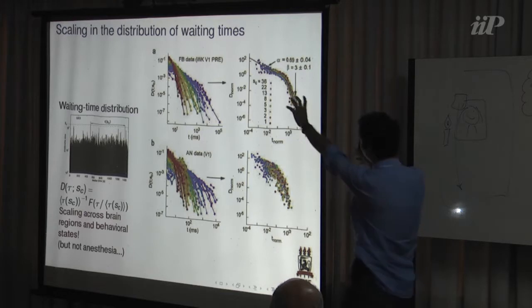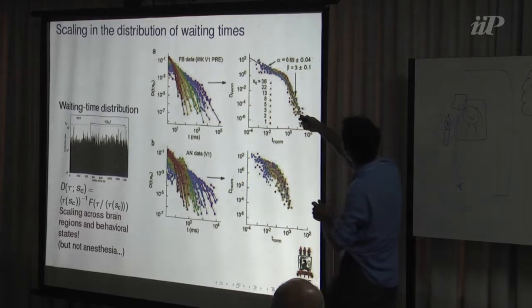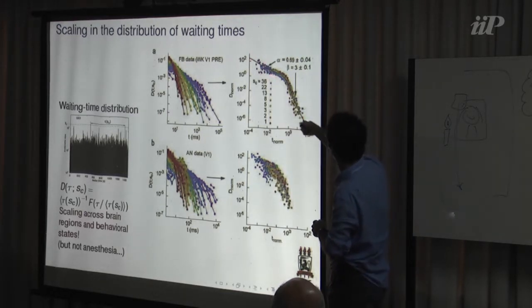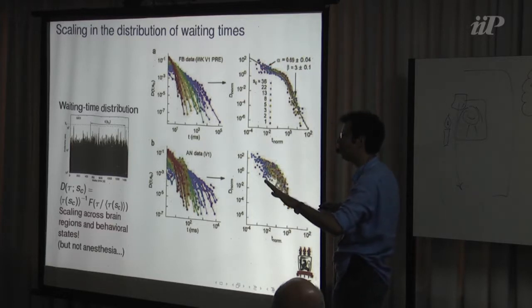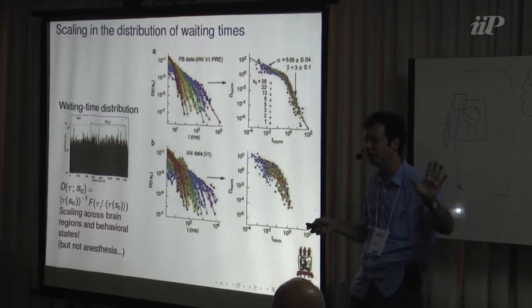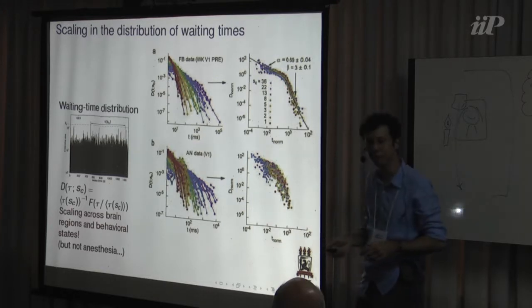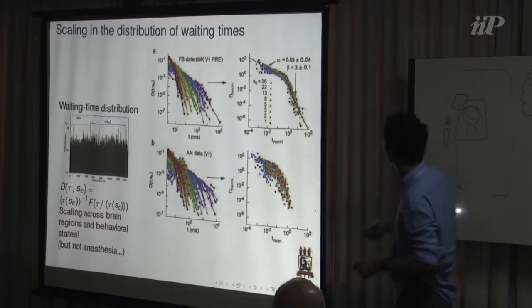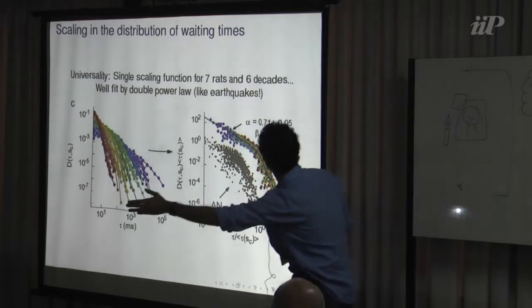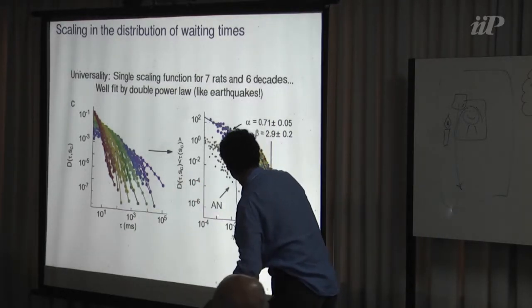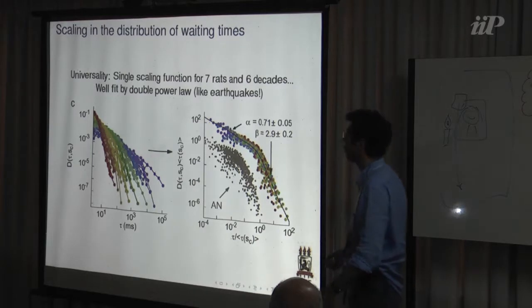And when you put all the data together, you can see with some goodwill a double power law, which is exactly what you see in earthquakes. You also see a double power law in the earthquake distribution of recurrence. So here I get more decades: I have like 6 decades here and 7 rats.